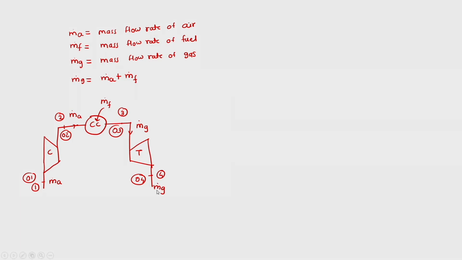If we write for the compressor, then WC, in watt, will be m dot a into h naught 2 minus h naught 1, which is m dot a into Cp of air into T naught 2 minus T naught 1.